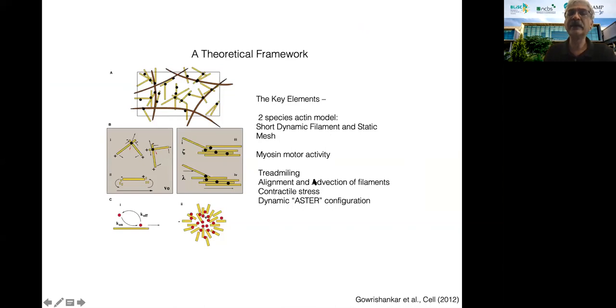It will align and advect filaments. It will create, of course, contractile stresses. And those, along with the treadmilling of the actin filament, will give rise to a dynamic aster-like configuration of these filaments. And of course, we were game for any explanation, because what we were seeing was so puzzling that it wasn't really clear to us how we could understand these structures.